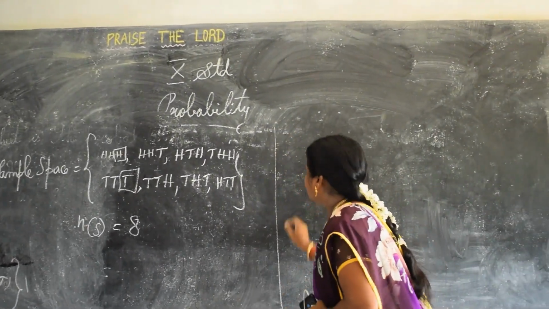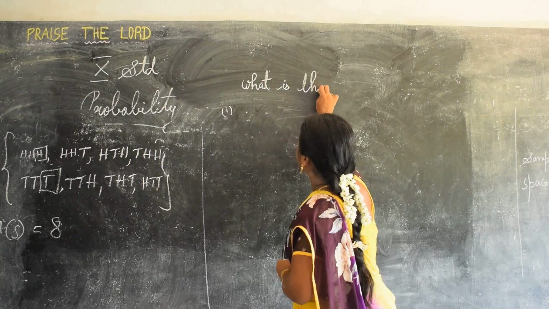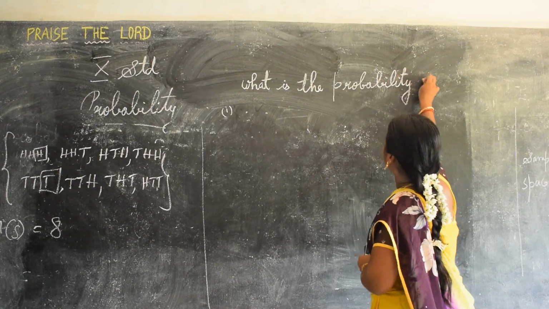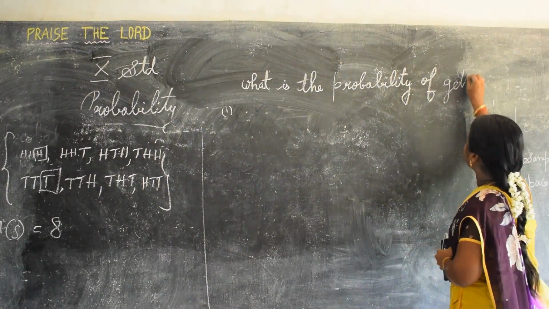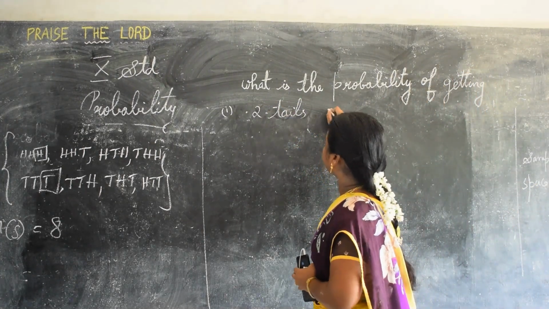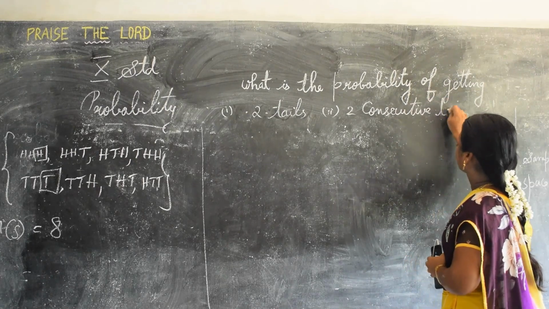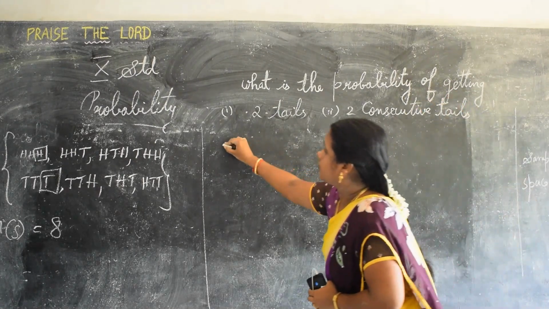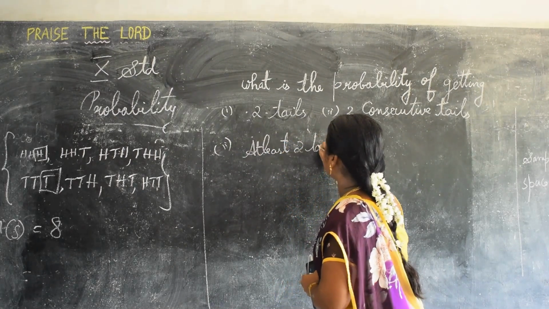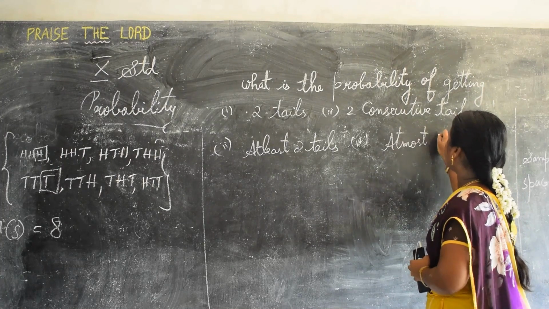What is the probability of getting 2 tails, 2 consecutive tails, at least 2 tails, at most 1 tail.